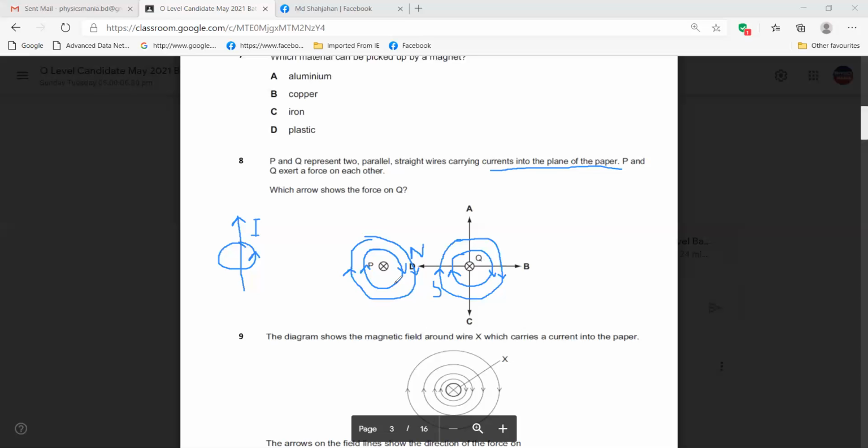That time there will be repulsion. At the closer sides you will find that they both have the same direction of the field lines. So the same poles are created, and they are opposing each other, right?